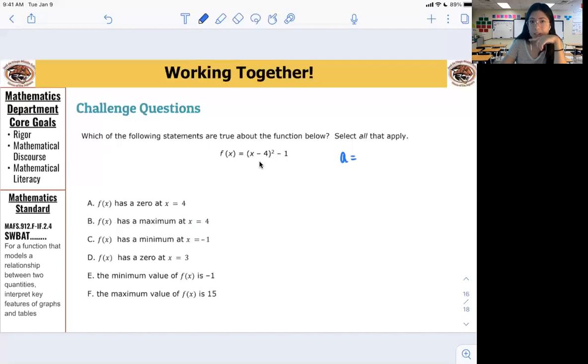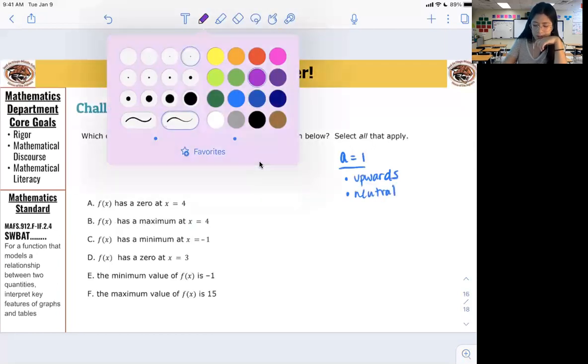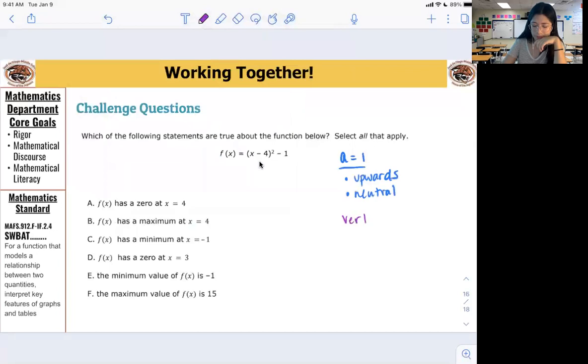One. A is 1. So this is facing which way? Upwards. And where's the vertex? The vertex is at positive 4, comma, negative 1.